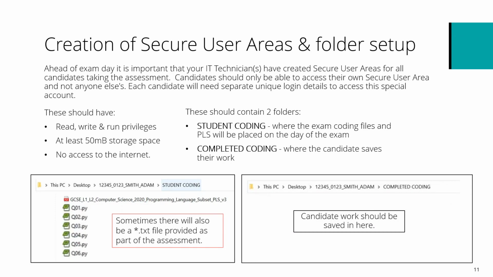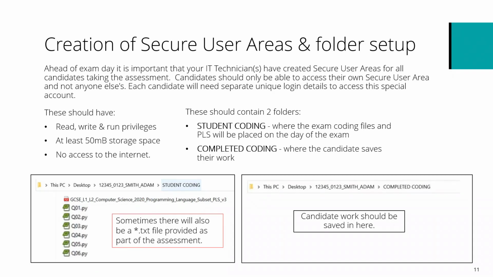When you do mocks, if you want to have a student coding file, a completed coding file, and a folder called originals for backup, you can do that. That doesn't compromise the security of the assessment in any way. We don't want to mandate that because we don't want to complicate anything.